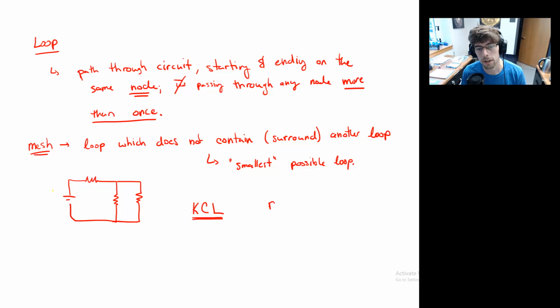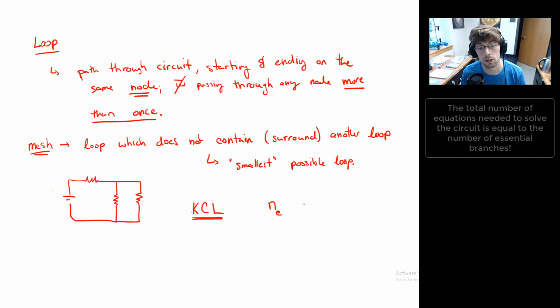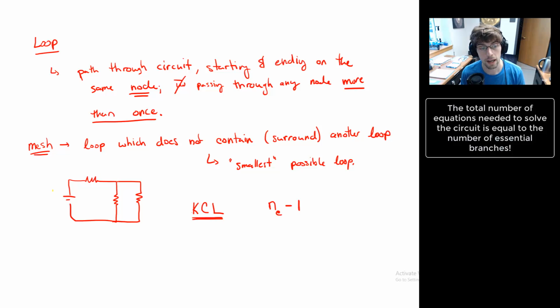If I count up the number of essential nodes, I can apply Kirchhoff's current law this many times. So if I have 2 essential nodes, I can apply Kirchhoff's current law once, 2 minus 1. So that's the first thing. If I have the number of essential nodes, I know how many times I can apply Kirchhoff's current law. So that's why that terminology comes in.